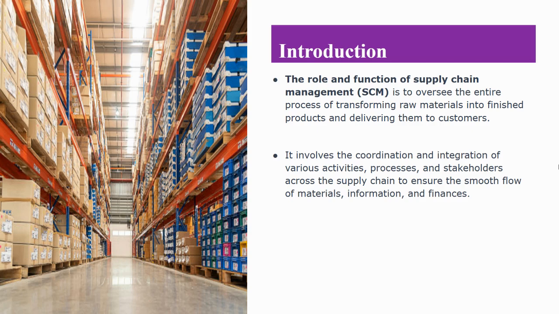Supply chain management is a critical portion of every business activity. And so we look at the flow of materials, raw materials for production, the flow of information between different stakeholders within the supply chain, and the flow of finances for business purposes.